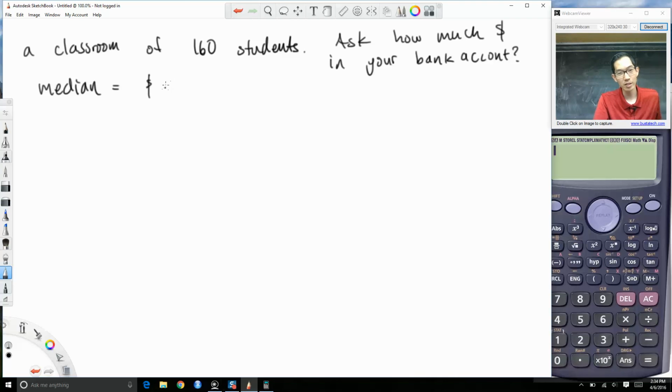Let's say the median is $812. This means 80 students have less than 812, and 80 students have more.